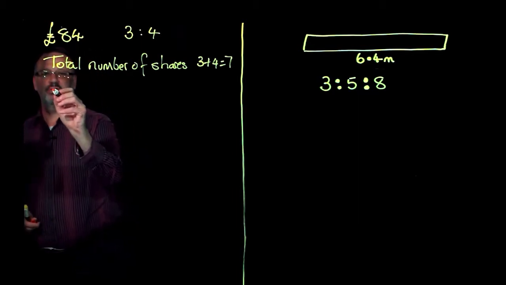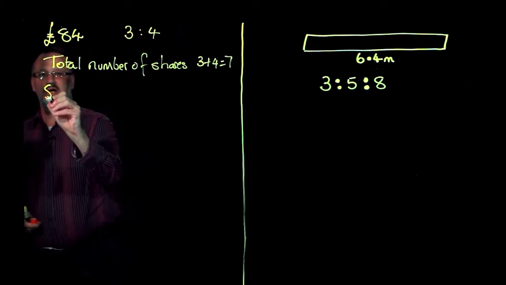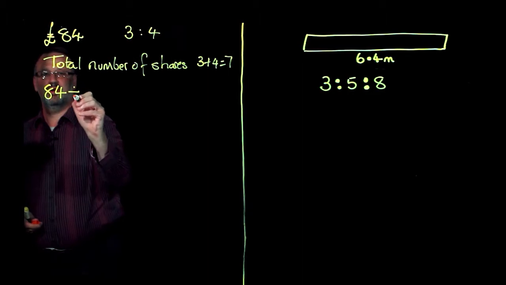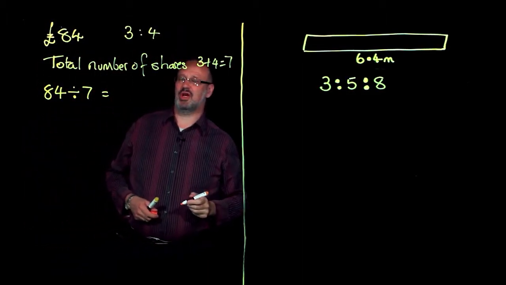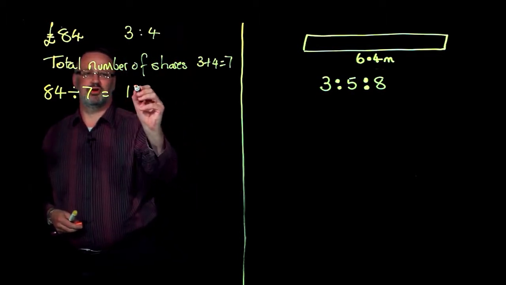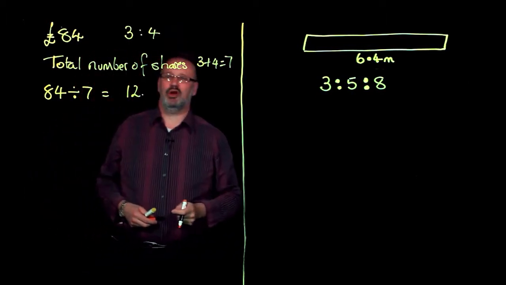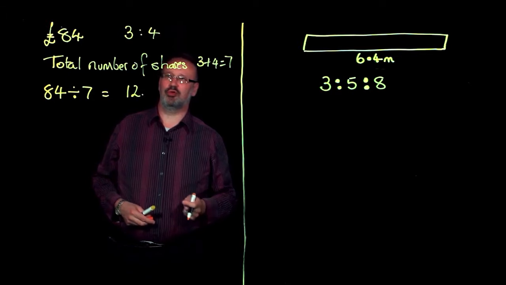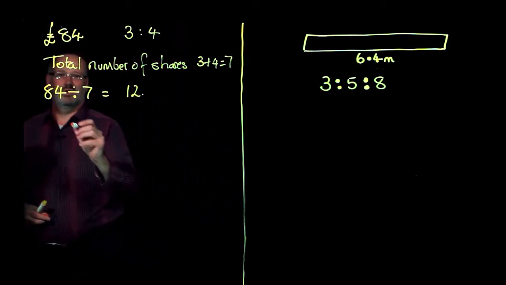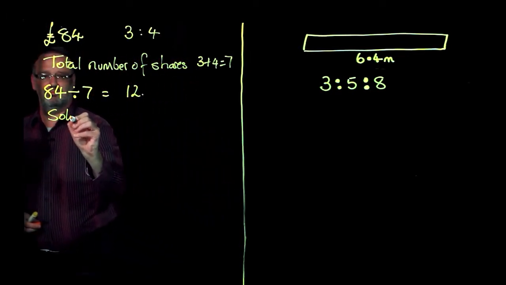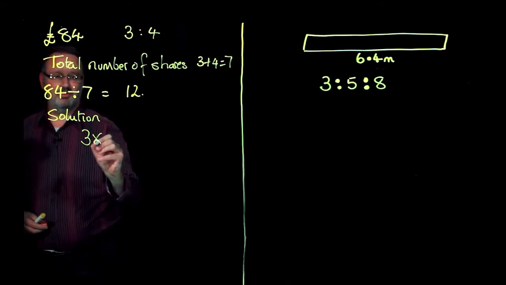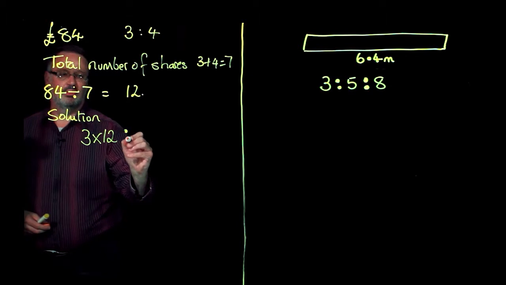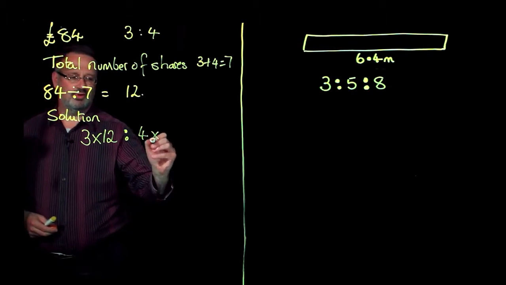So I now take the 84 and I divide it by 7, and 7 goes into 84 12 times. So if you like, each share is worth £12. And so the solution is going to be 3 times 12 to 4 times 12.